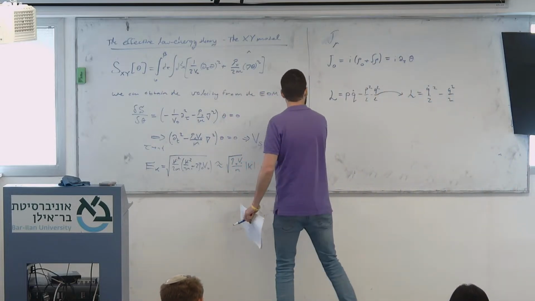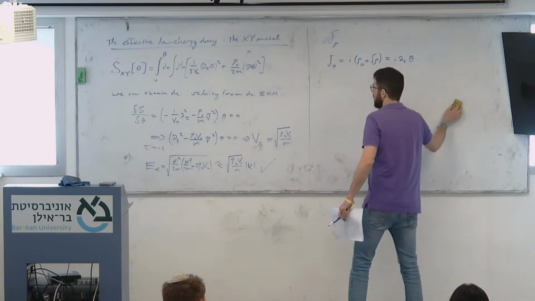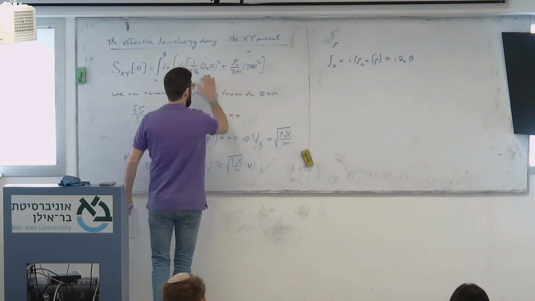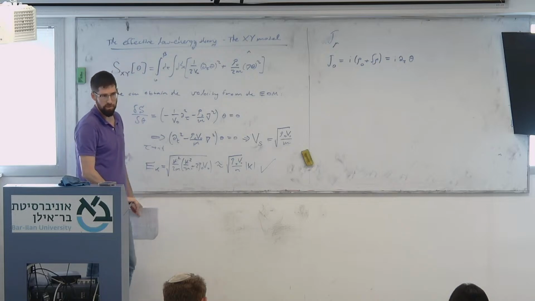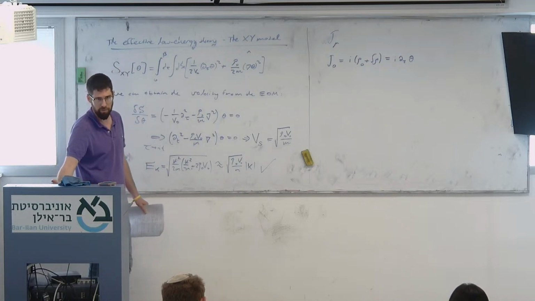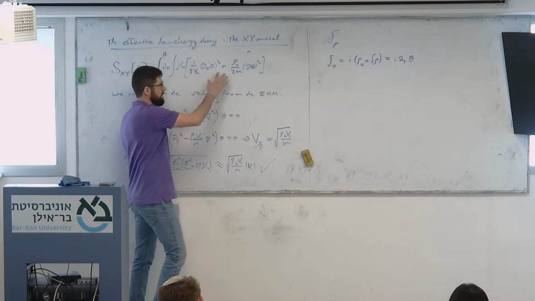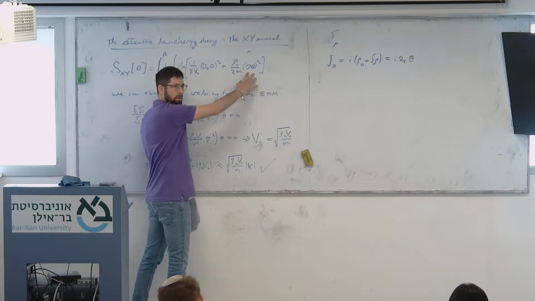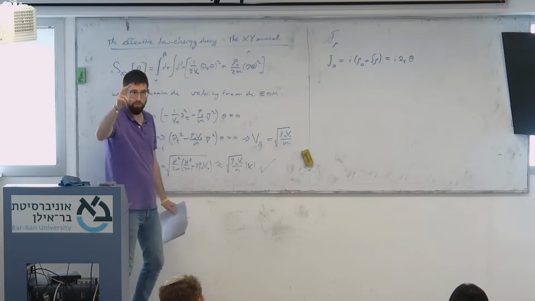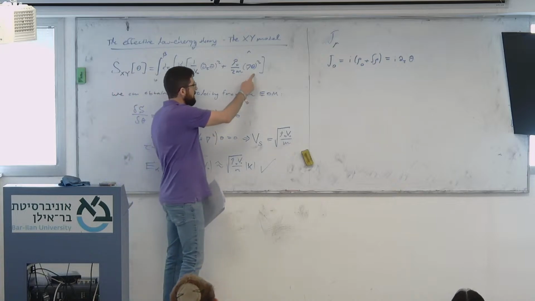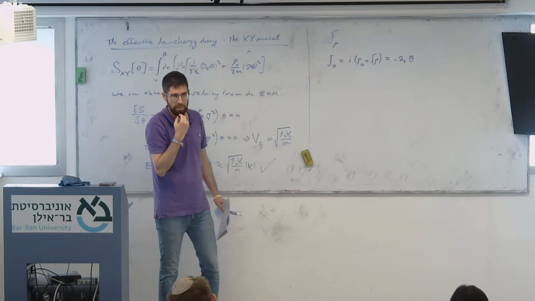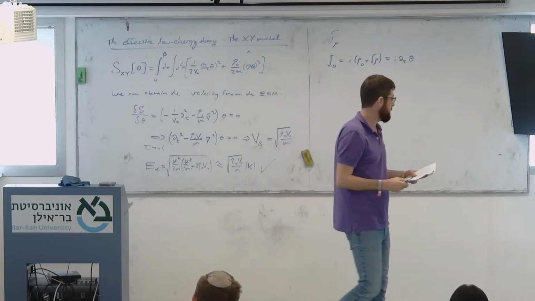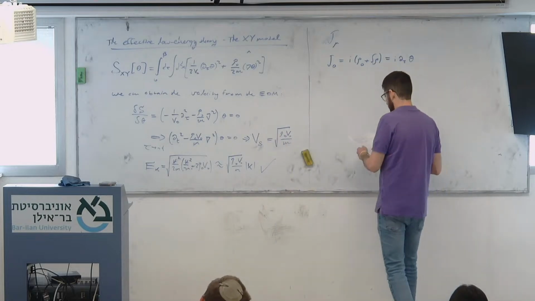If you look at this action for a moment, this is just a harmonic oscillator action in imaginary time. This is the field Q, if you like. Just instead of Q, we have gradient of Q, and its conjugate is d tau theta. So that's one thing.